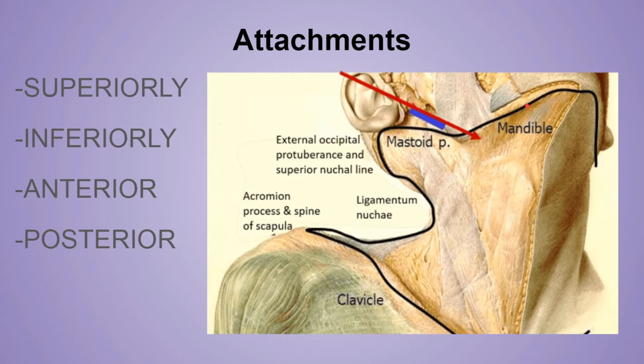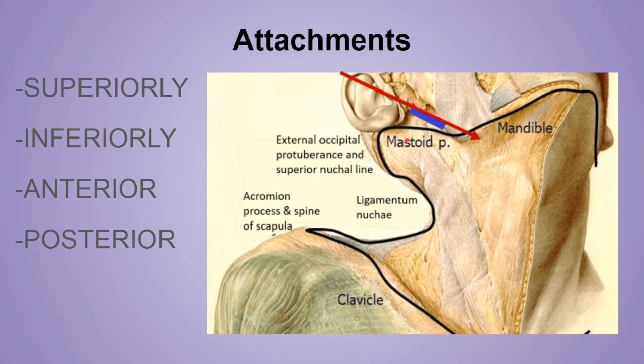Between the angle of the mandible and the mastoid process, the fascia splits to enclose the parotid gland. We'll talk about the enclosed structures later in this video. Right now I'll talk about the attachments only.